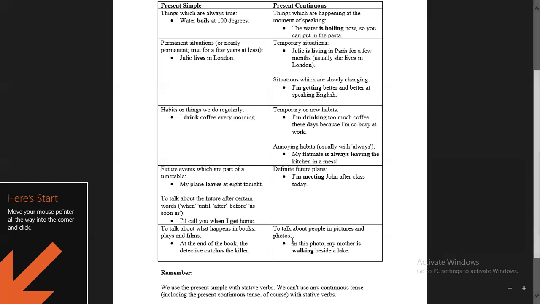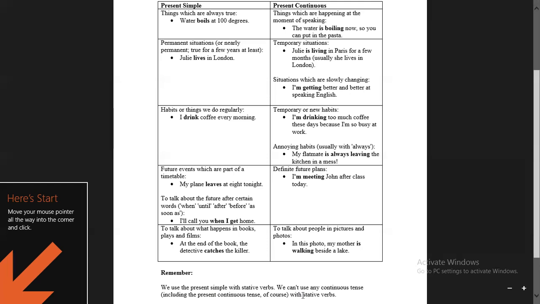So now I covered all the uses of the present simple and the present continuous, and we understand the difference between each tense. Here at the end of the page that you can see in front of you, we use the present simple with the stative verbs. We can't use any continuous tense with stative verbs.